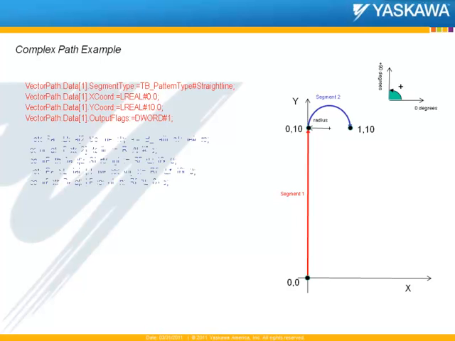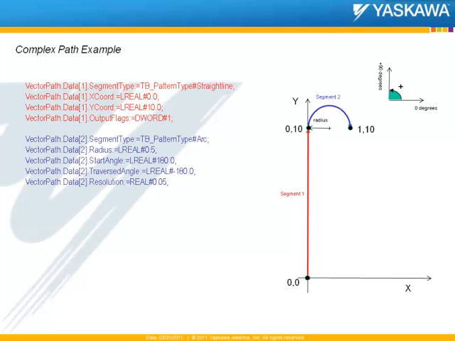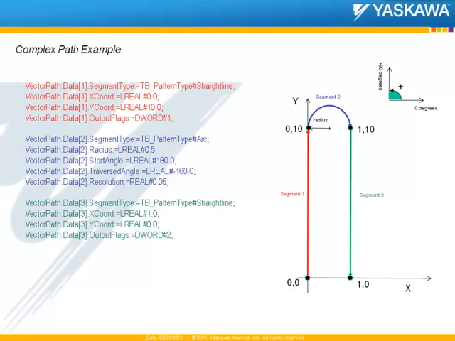It starts at 180 degrees and traverses minus 180 degrees. The third segment is a straight line that goes from 1, 10 to 1, 0. And this is my definition for that.